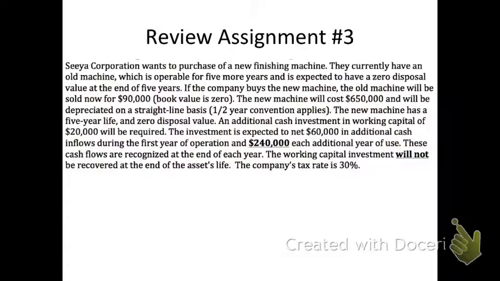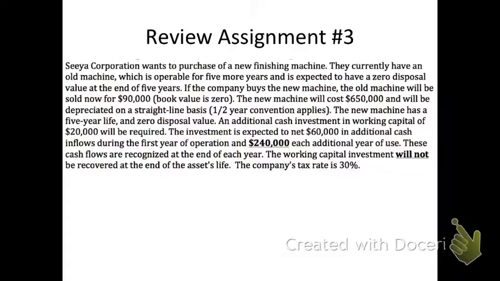They use straight line depreciation for tax purposes, which is acceptable, but we still have to apply the half-year convention. The machine has a 5-year life, and we're going to invest $20,000 in working capital, $60,000 in cash for the first year, $240,000 for each additional year of use.